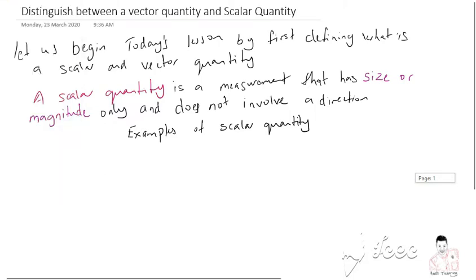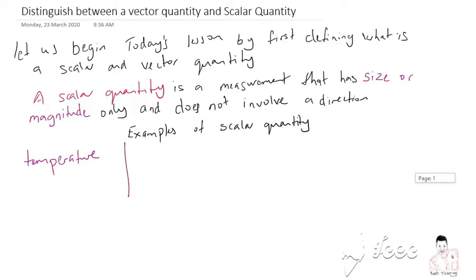take for example temperature. Whenever we take the temperature, good, we only get a value. So take for example 5 degrees Celsius. Good.